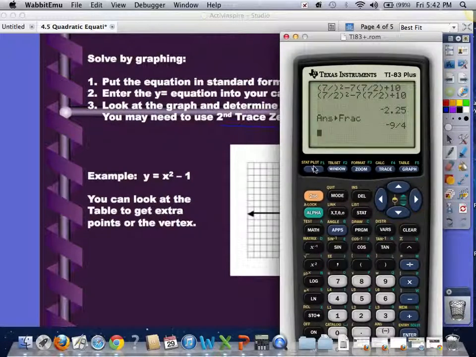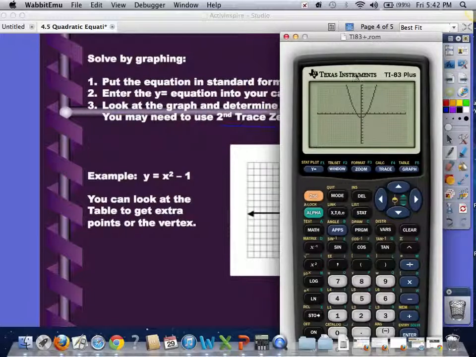Going to y equals, and I'm going to type in x squared minus 1, and I'm going to graph it. Alright, so you can see this one, it crosses really nice at -1 and +1, and it has a vertex right here at (0, -1).